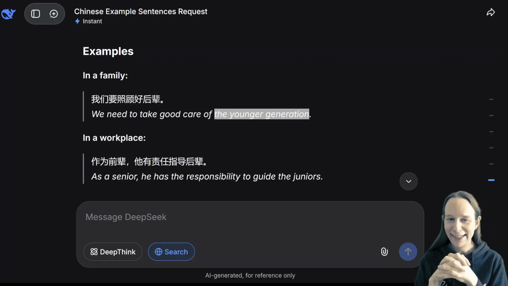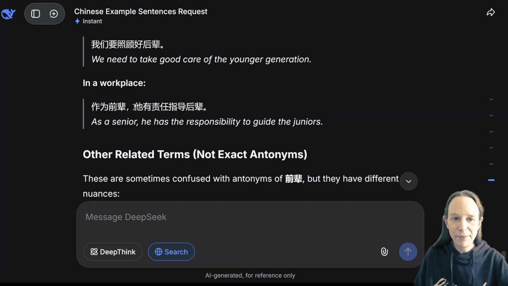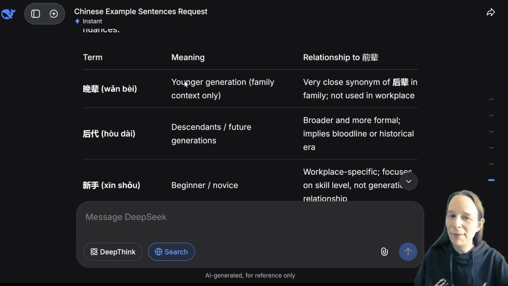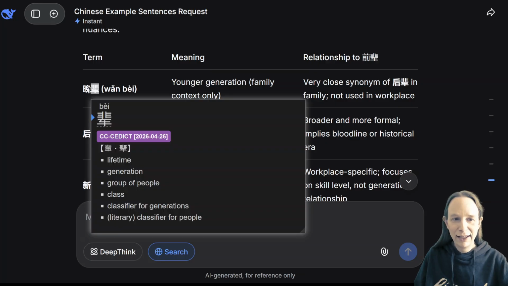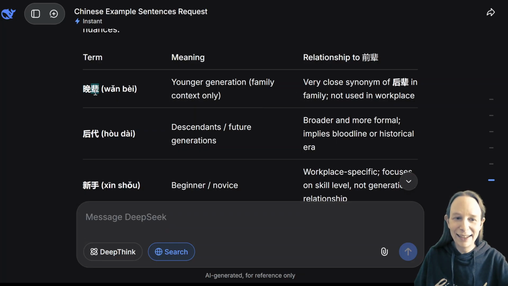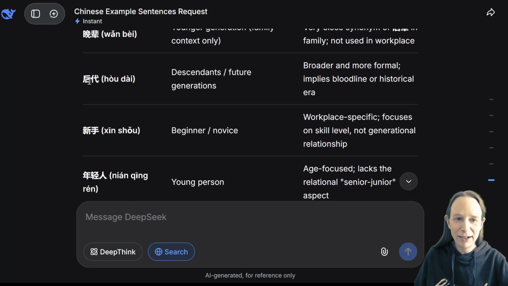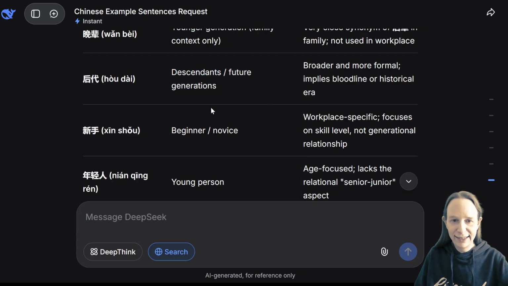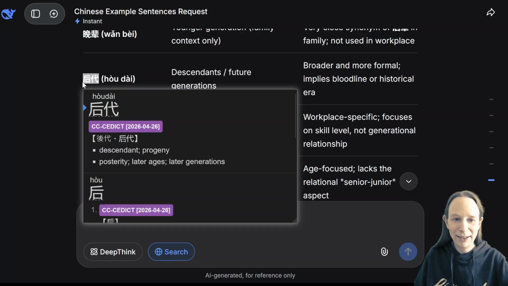Well, the younger generation in English represents the entire generation. So in Chinese, is this just like the kids of the family? I don't know. 作为前辈，我有责任指导后辈。晚辈. Oh yeah, this one I've encountered. 晚辈, younger generation. 晚, so they come later. Okay, those who came after. 后代, descendants, like descendants of Genghis Khan or something.